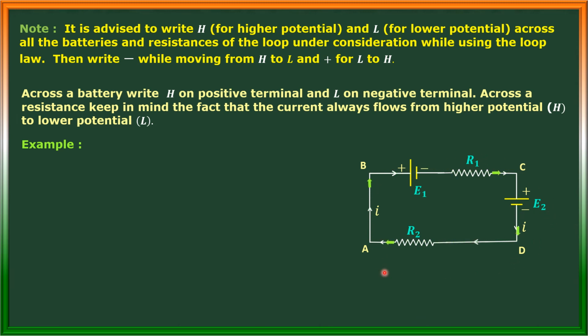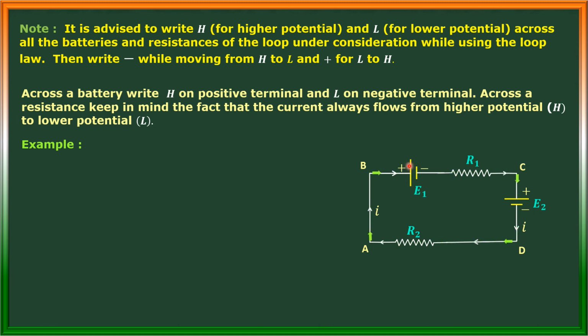Now let us apply the loop law to the loop A, D, C, B. Before applying the loop law, let us write H and L across each element. See here, I will start from this battery.